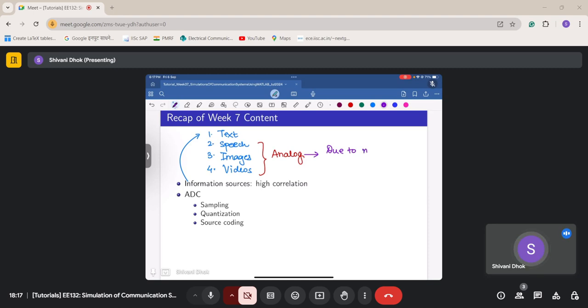So due to memory and precision issues, we can't process them, which means you need to convert them to digital.